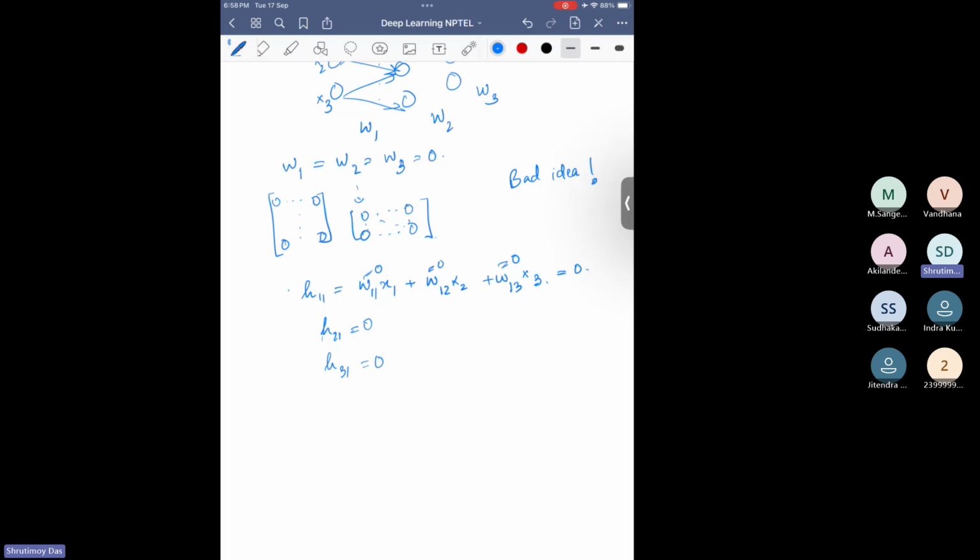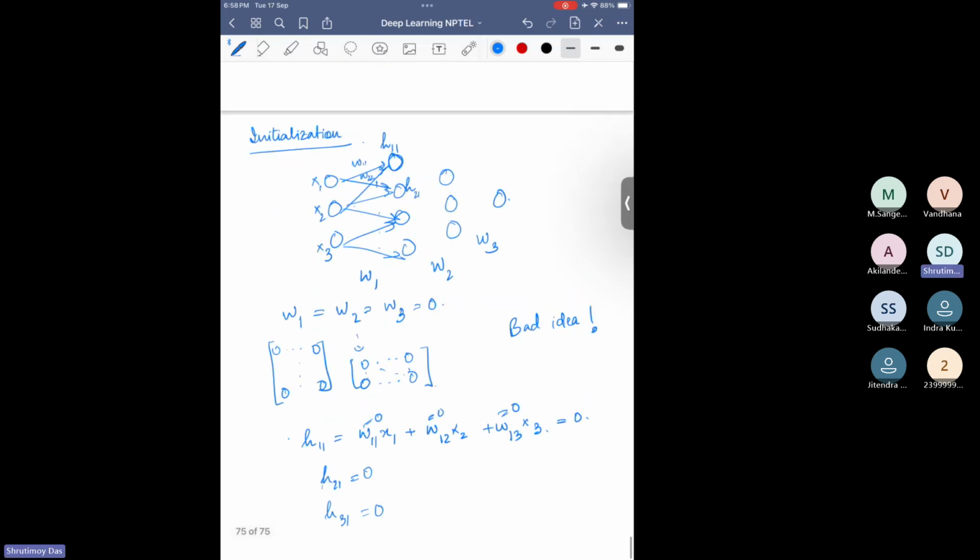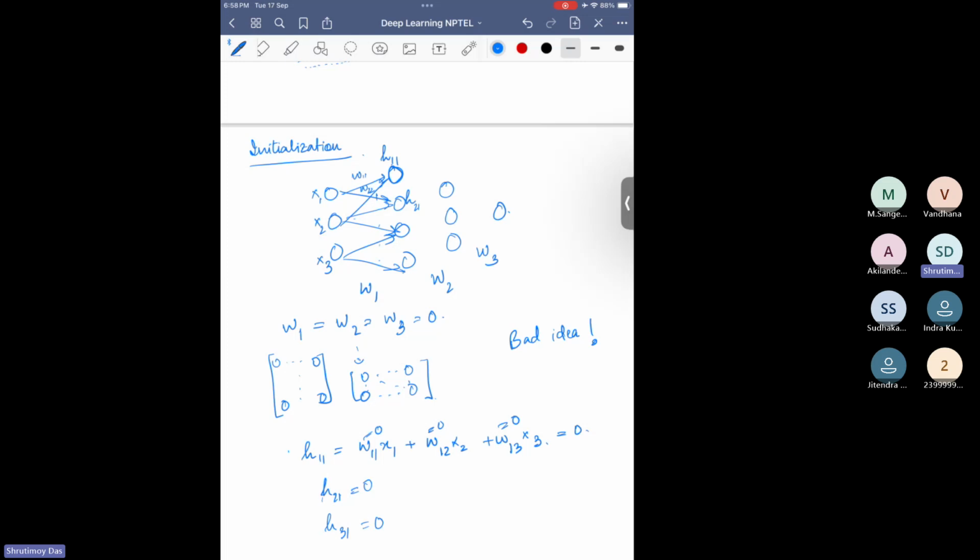And so if the weights are the same, none of these features will be much different. This will get the same weight, this will get the same weight, and none of these weights will be different. So there will not be much learning to do, because all of these weights are going in the same direction, or they will learn the same values. So initialization with zeros is a bad idea.